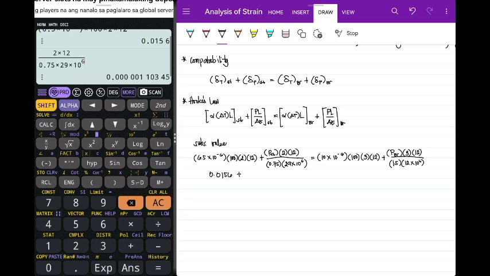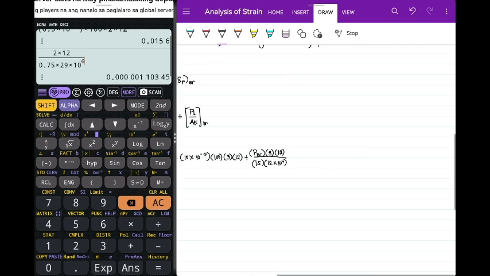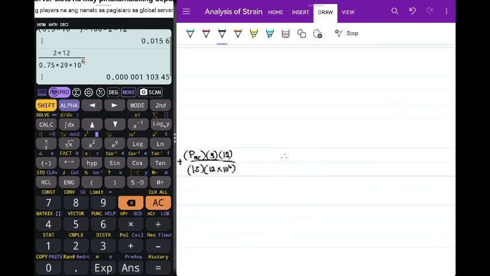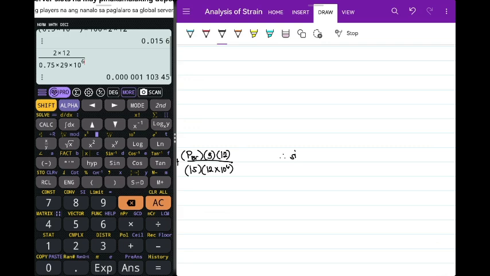No, not 10, but rather 100, because that is the temperature change, times 2 feet times 12, which is the conversion of feet to inches. We'll get 0.0156. Now we do the term for our PL over AE: 2 times 12 over 0.75 times 29 times 10 to the power of 6, which you can notice has a lot of zeros.